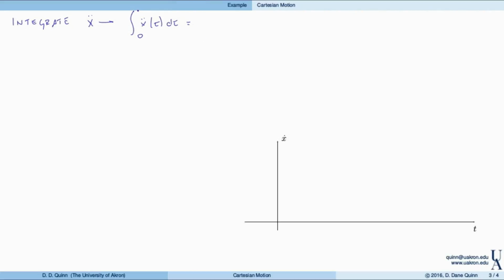When I integrate that from 0 to t, I get x dot at time t minus x dot at time 0. We can do that, and again, we have to do it piecewise. If I look at this difference in speed, it's defined over 3 different time periods.